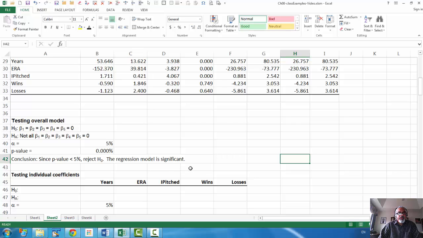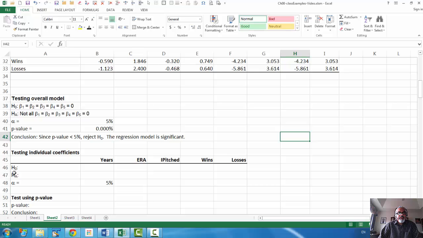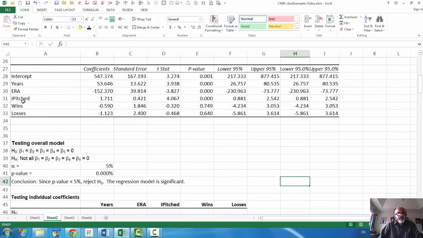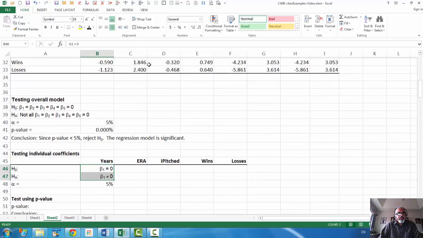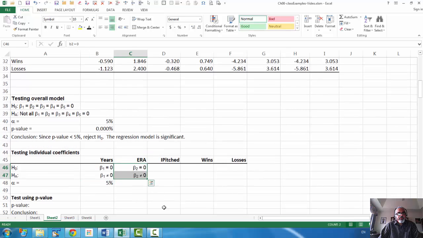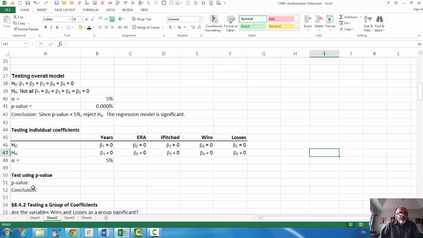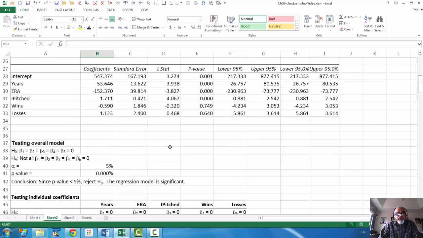Now if you want to look at the individual tests, okay, so for these 5 variables, the hypotheses are, so that's the first one, second one, so the third, 4 and 5. Okay, so let's use the p-value to test, and the p-values are readily available from here.